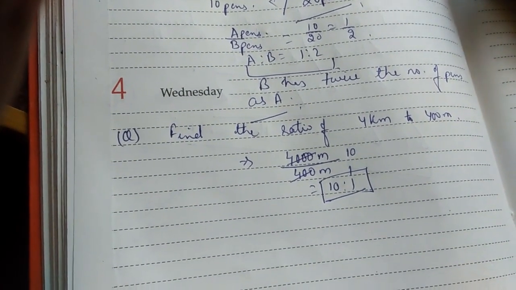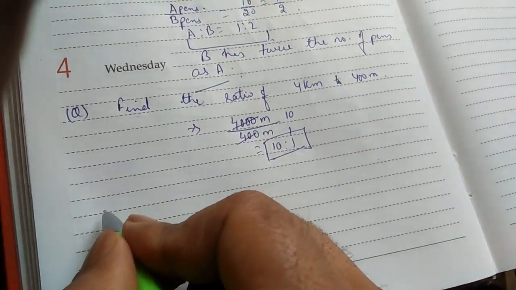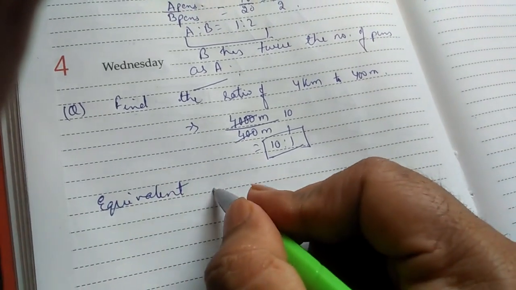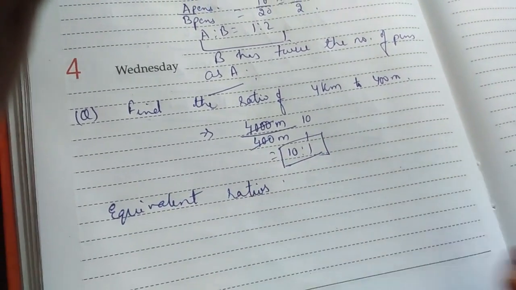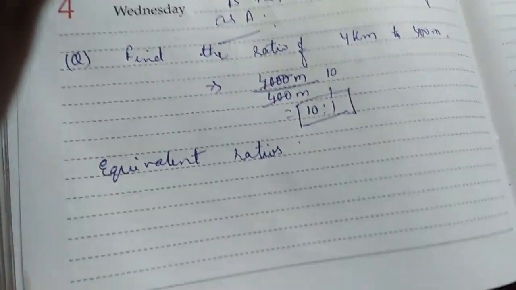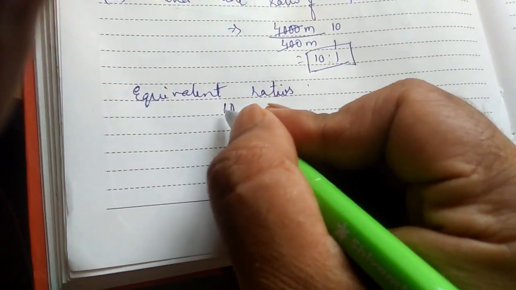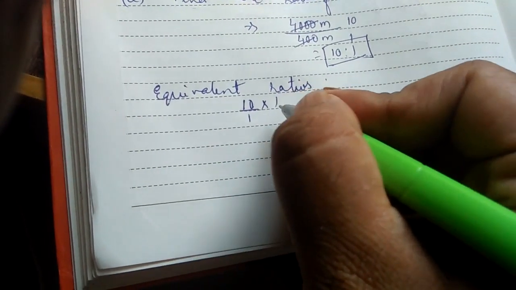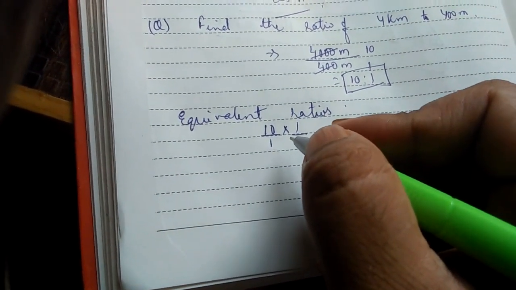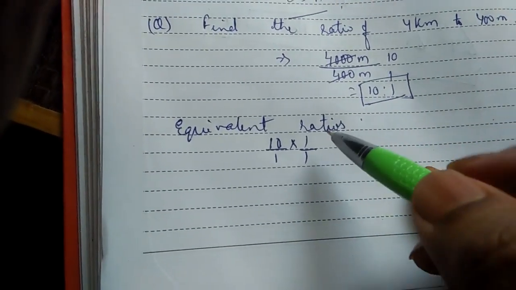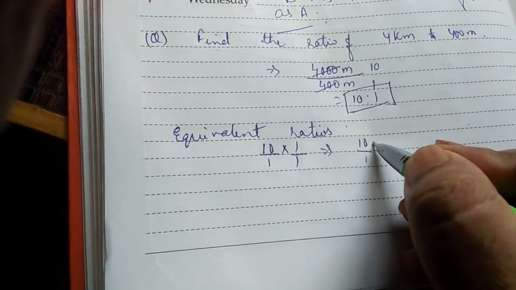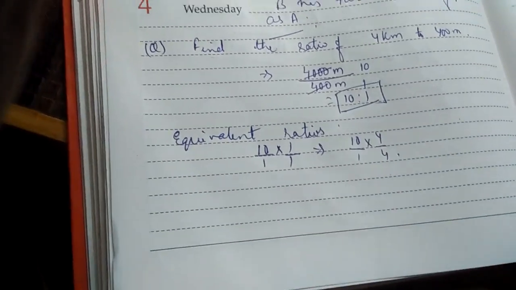Now there is something called equivalent ratio. Equivalent ratio is similar to equivalent fractions. Right. Now in equivalent ratio, let's say for the 10 is to 1 above. Equivalent ratio means multiplying and dividing by 1. That means the ratio remains the same. Now 10 by 1 into 4 by 4.